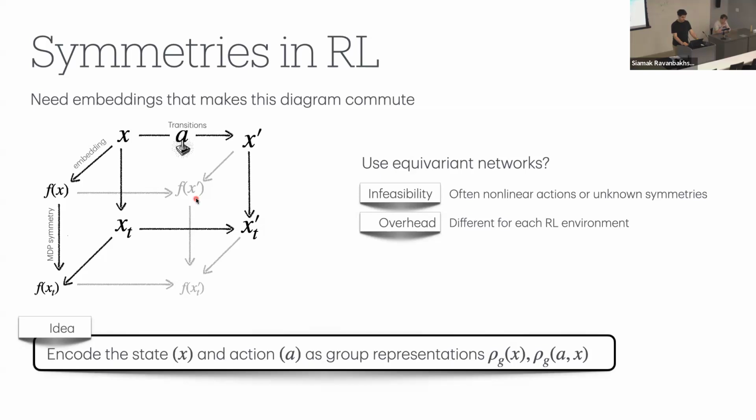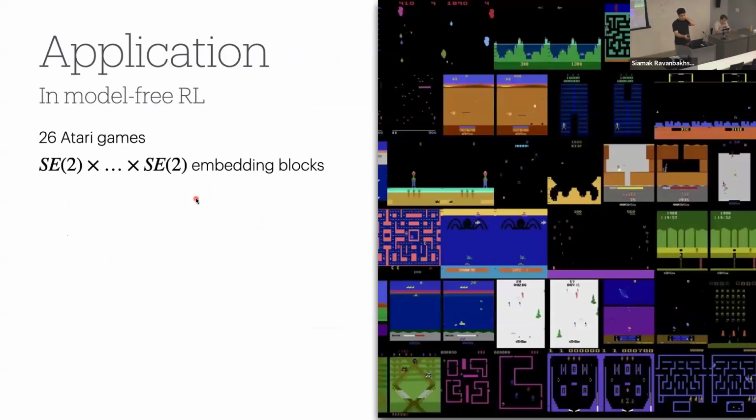We also tried this on a bunch of Atari games in model-free RL, where we used a special Euclidean group symmetry in the latent space. Special Euclidean corresponds to having translation symmetry and rotation symmetry, because in Atari games you have these agents that could move around and they can rotate.